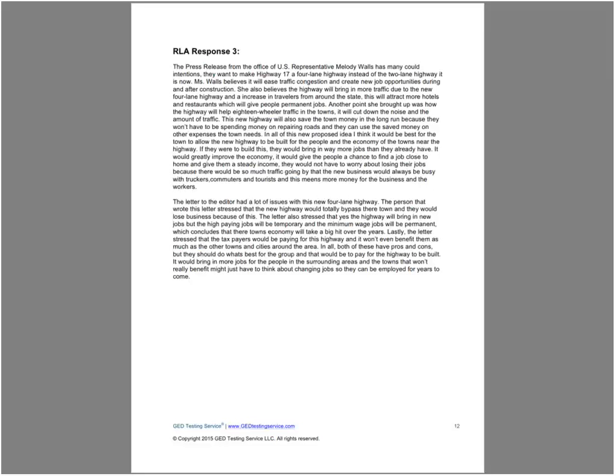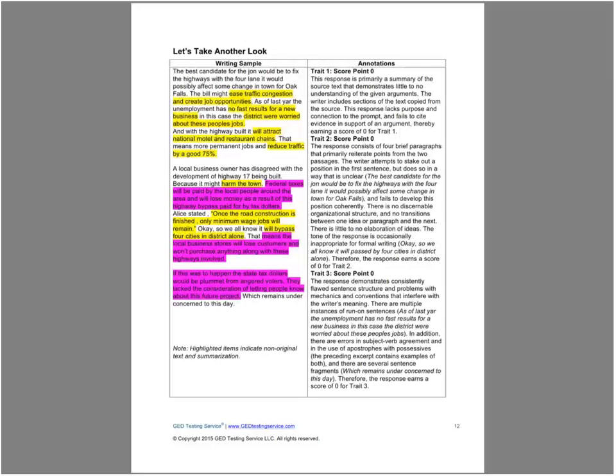And those highlighted items indicate two things. One is non-original text that they've just lifted, but the other is summarization, where they did really little more than take a look at ideas and regurgitate, as I often say, the author's ideas. There's nothing new. There's no evaluative or analysis stance on those things.